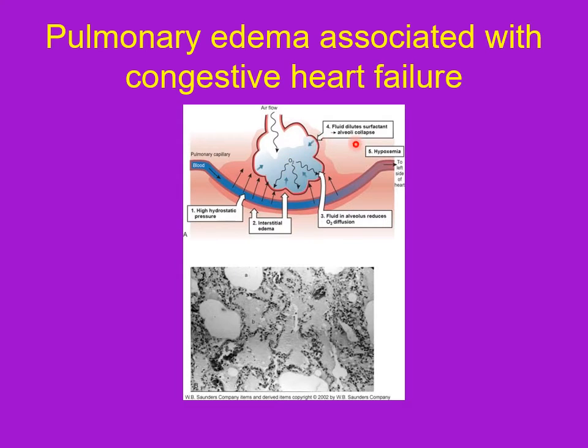And the fluid dilutes surfactant, which helps to decrease the surface tension inside the alveolus, and that results in alveoli collapse. And because of that, you have hypoxemia because you don't get the oxygen exchange, and so the blood's carrying less oxygen.